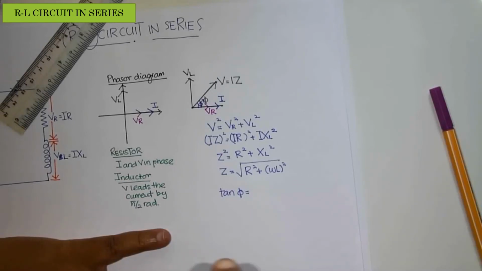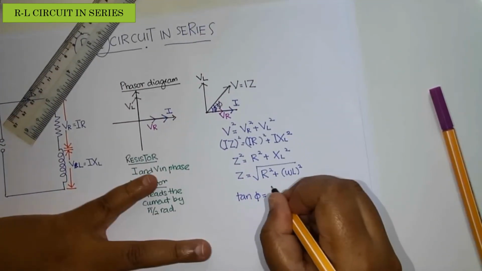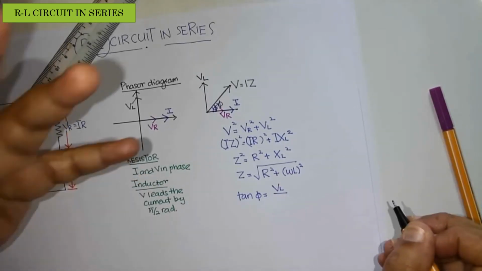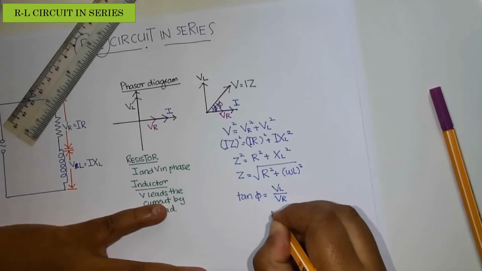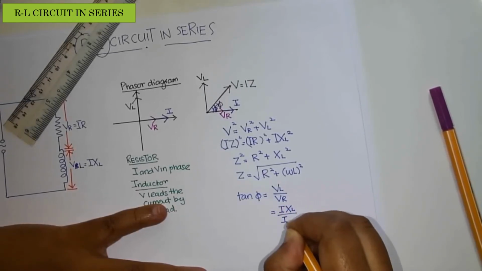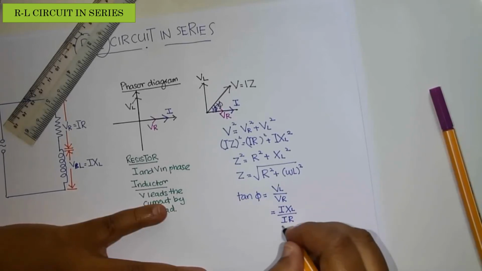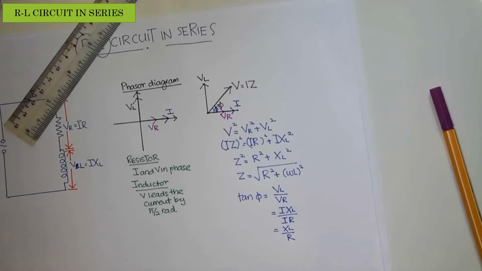The y-axis divided by the x-axis. The y-axis is VL. It is the theorem of Pythagoras, class. How do you find the angle in the theorem of Pythagoras? VL, VR, I XL, I R. So we get XL over R. That's how we find the phase difference.